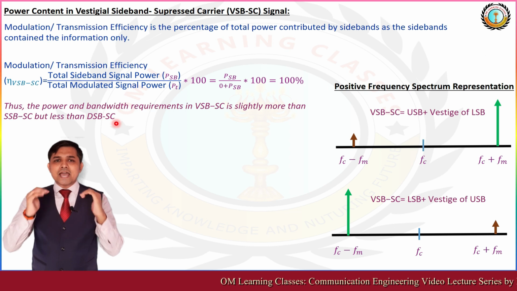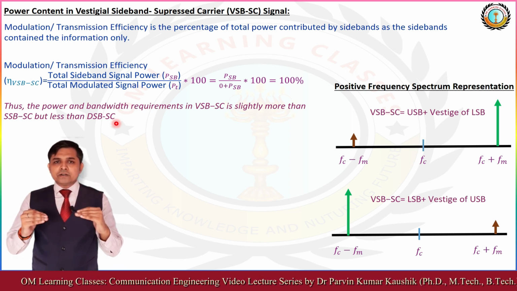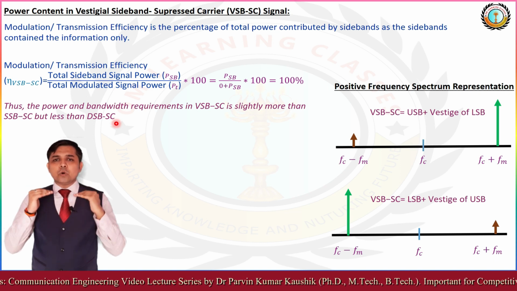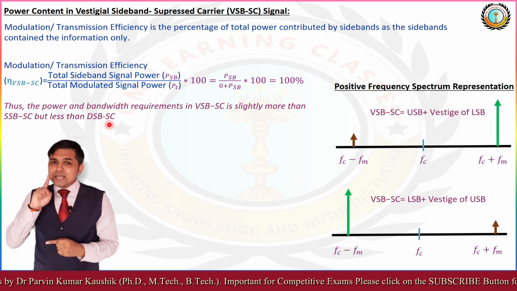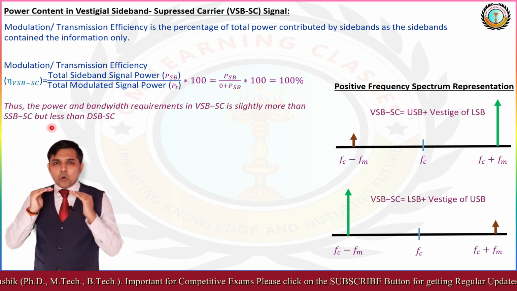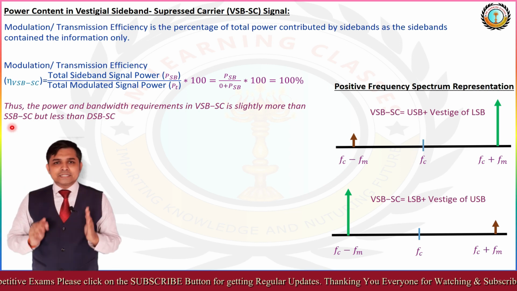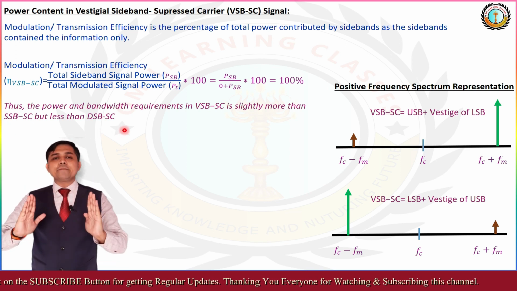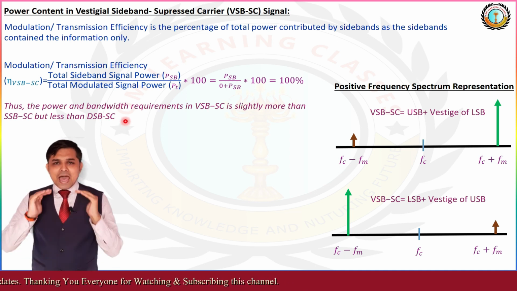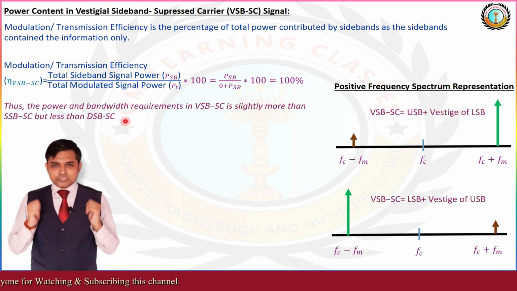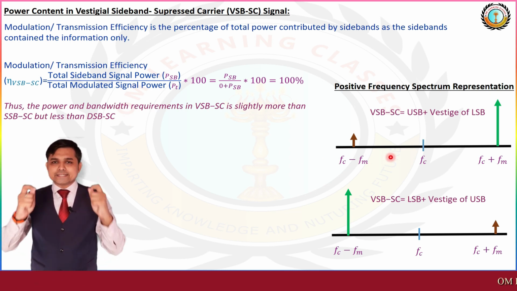So VSBSC has the important advantage of power and bandwidth requirement over DSBSC, and it has the important advantage of filter design over SSBSC, which needs no sharp cutoff band pass filter at the transmitter site, which is a corresponding disadvantage of SSBSC.